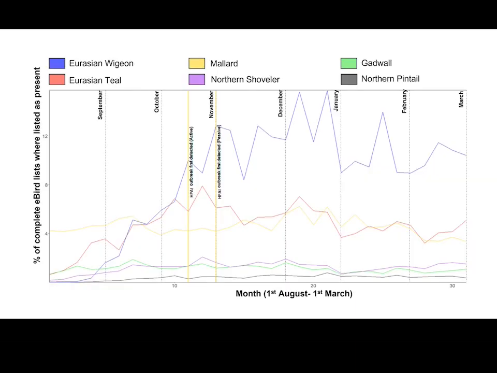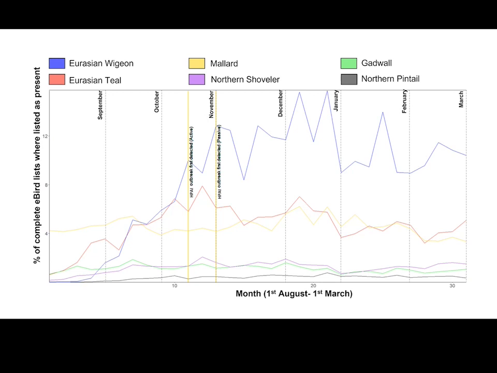This leads me on to this graph, which looks at how these birds are moving into the country and when, and why that's important. The sampling that we did began in mid-October, and we got positives for HPAI pretty quickly in that active sampling window.